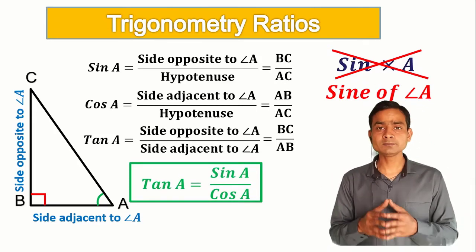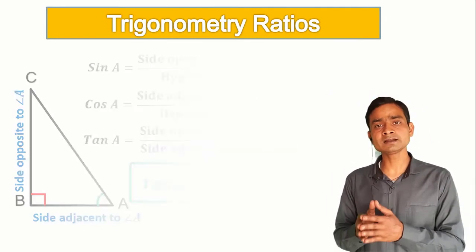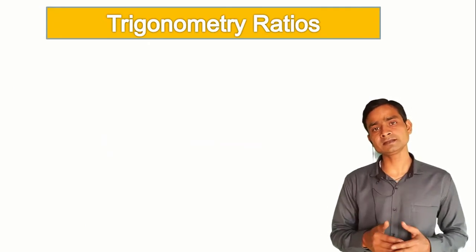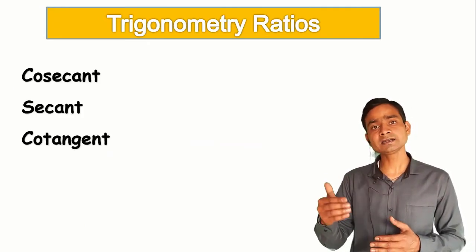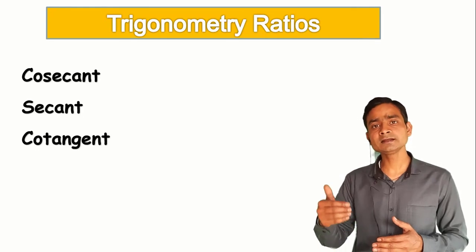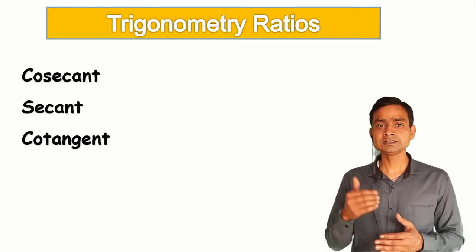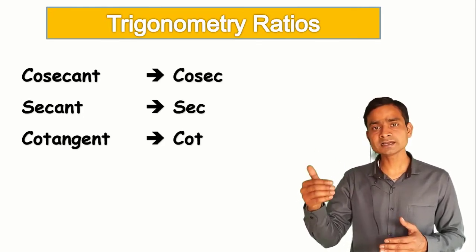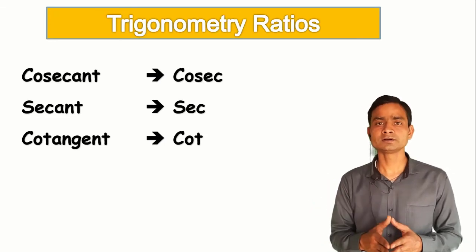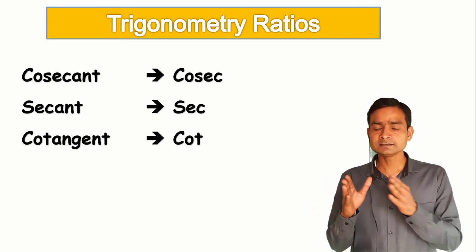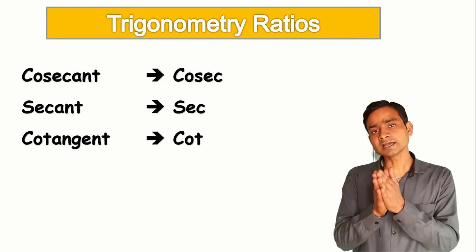We also have three more trigonometry ratios which are reciprocals of these trigonometry ratios, and these are cosecant, secant and cotangent. And in short we use cosec, sec and cot. And these are the reciprocals of sine, cos and tan.